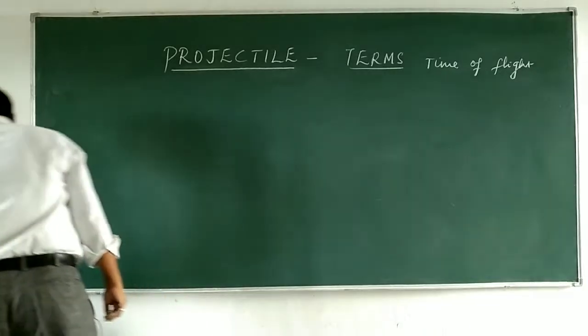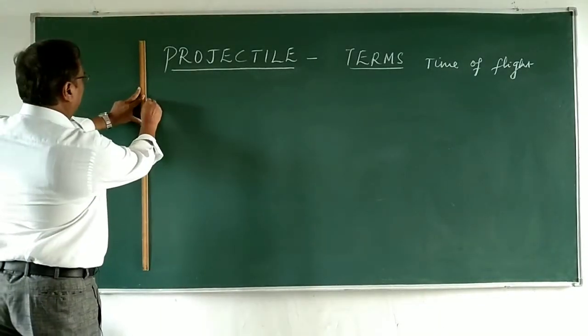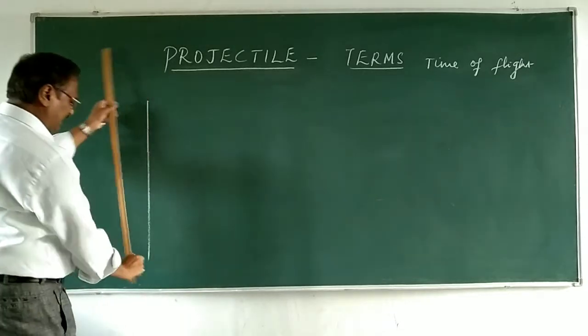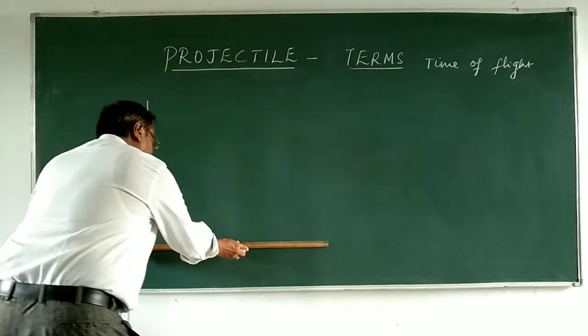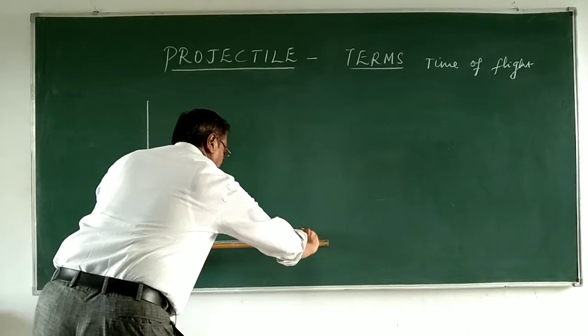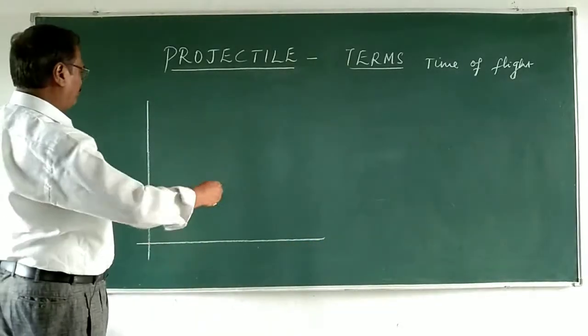We already know that in projectile motion we take a body and project it at an angle. This is the y axis I have taken and I am taking an x axis. Yes, this is two-dimensional motion, motion in a plane.